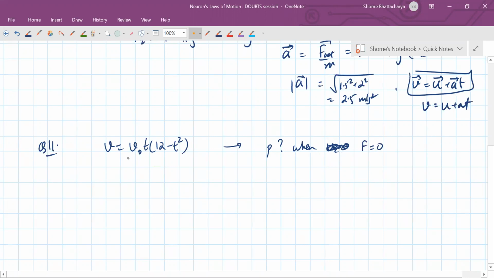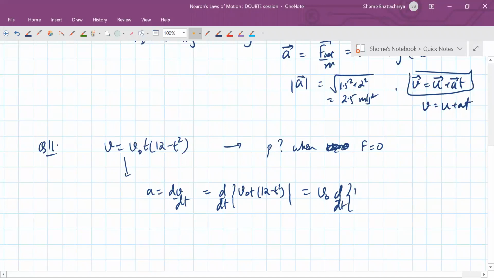So from this, basically, you find acceleration. That is differentiation of this term. So that is this.